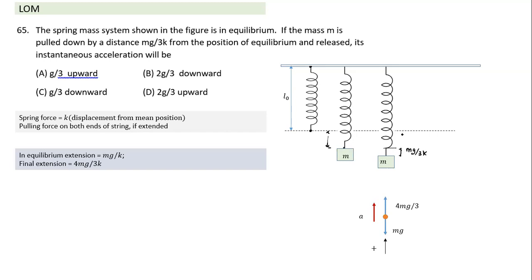This is like your x value, the change in length of the spring. So it will apply a force K times this. At this state, it will exert an upward force which is K times extension. Extension is 4mg by 3K, so this force will be equal to 4mg by 3. That's the force which will act on the block here.